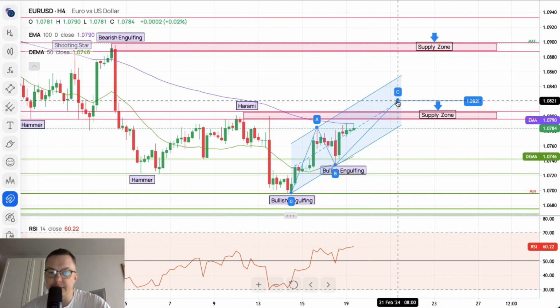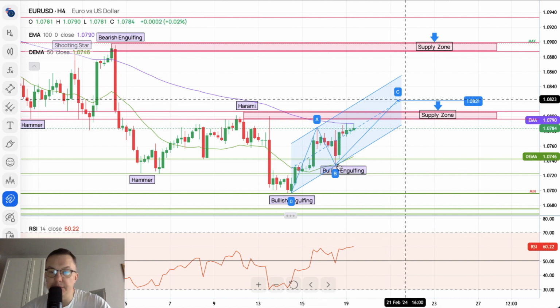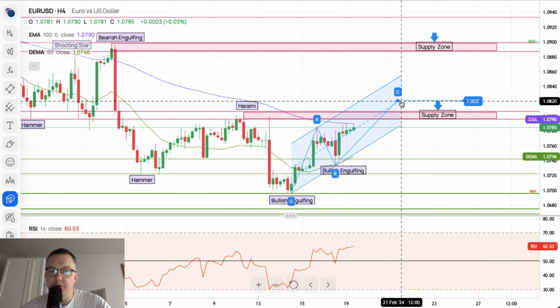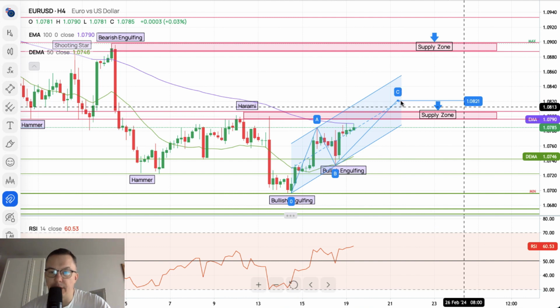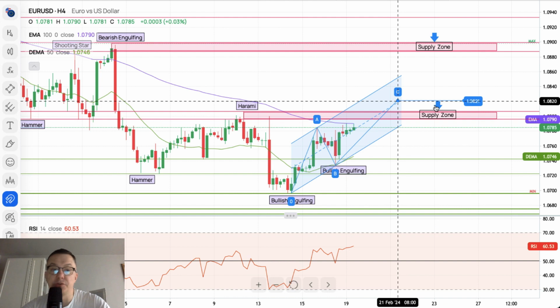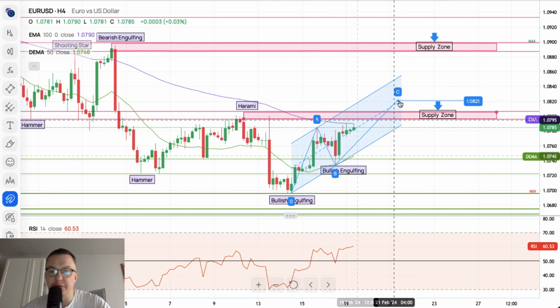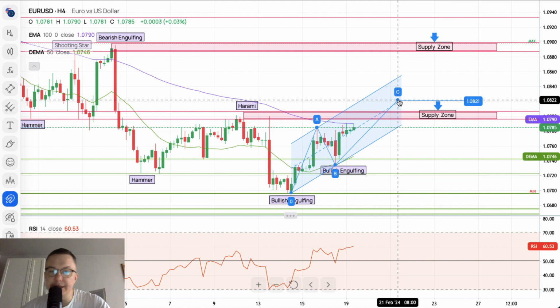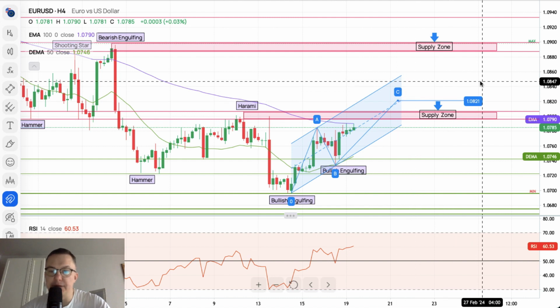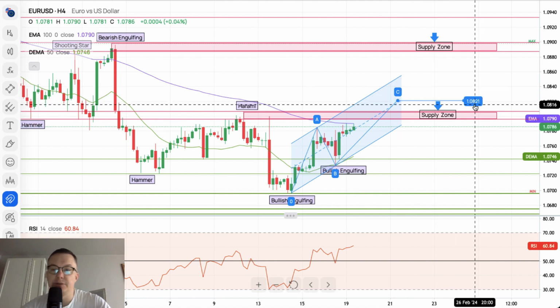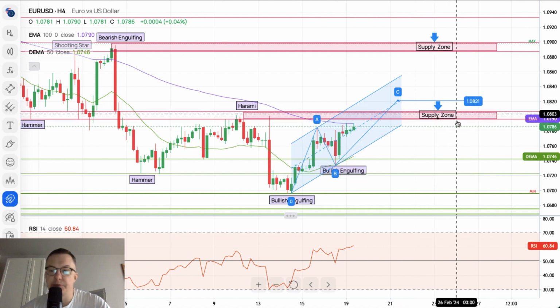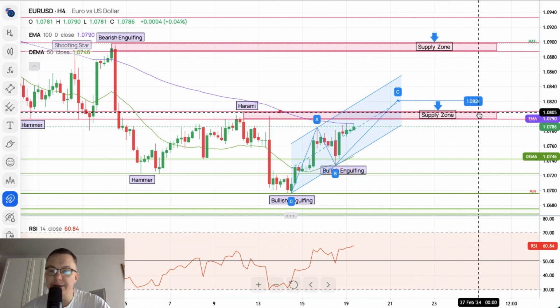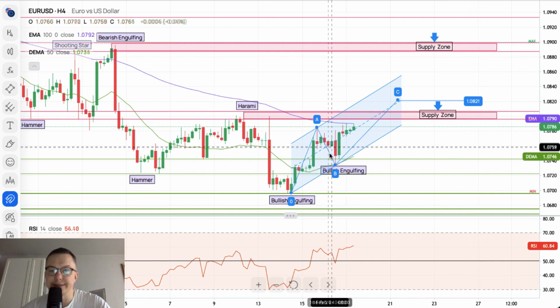Now 100% of the wave A measured from the lows of the wave B would be the perfect target for the bulls, the projected level of 1.0821 as the target for the wave C. So ABC corrective pattern to the upside, ideal level of termination is 1.0821, which is slightly above the supply zone upper level of 1.0805. So this is the situation from the Elliott wave point of view.